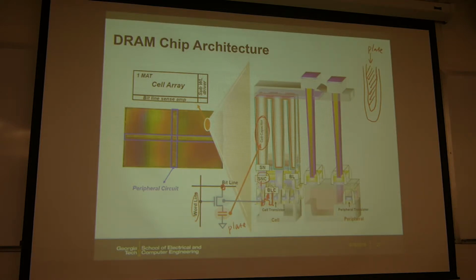And the other interface is connected to the transistor. This is the storage node. So here this is the DRAM cell, and on the edge we have peripheral circuits like the sense amp or the word line decoder. Those are different transistors as well, as you can see here. So any questions?